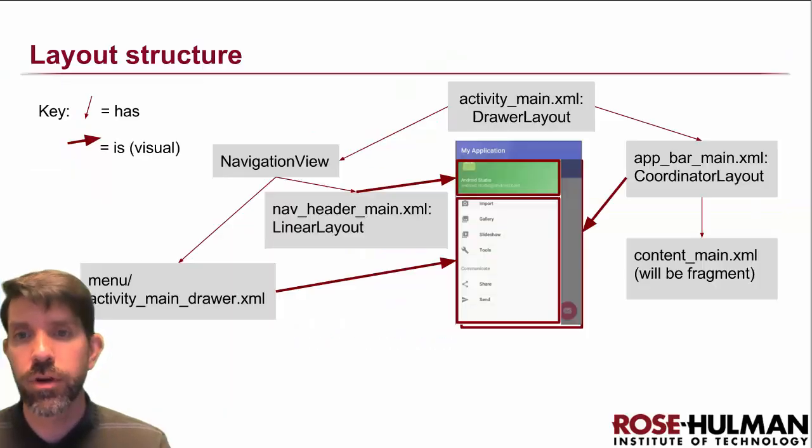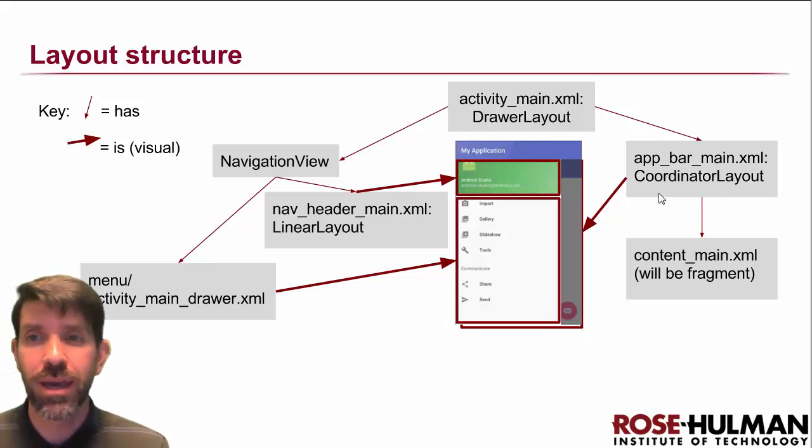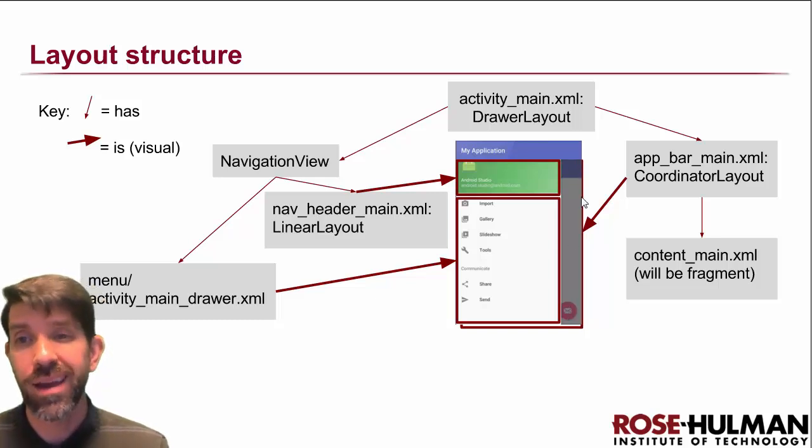App bar main you've seen before. If we open it up, it's just a coordinator layout. It has our toolbar, a fab, and a content main within it, and eventually we'll swap that content frame out for a fragment. But really there's nothing new on that side of things.